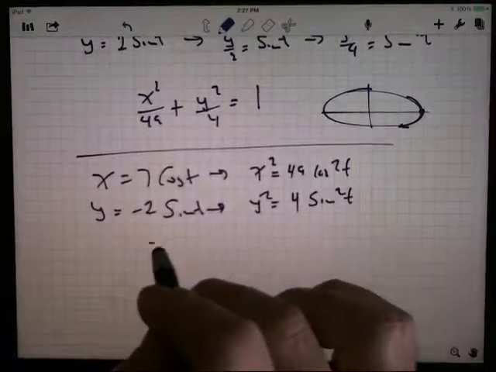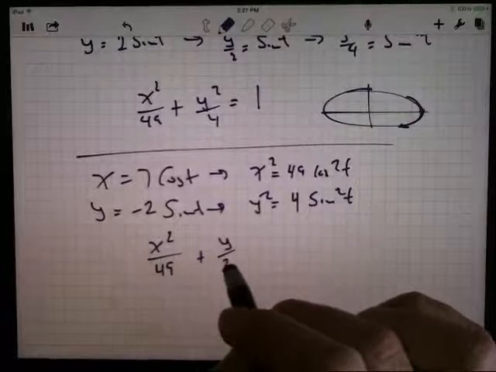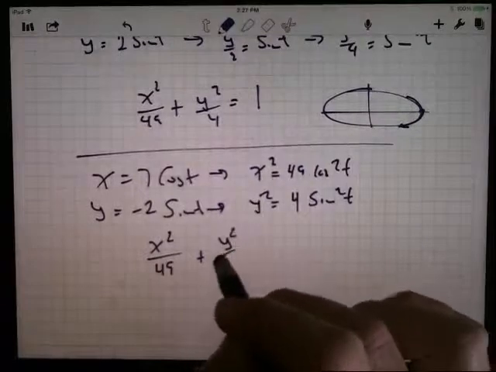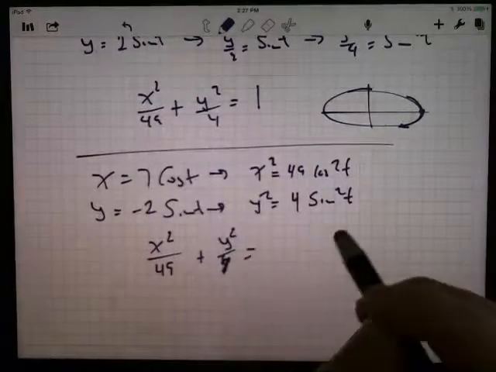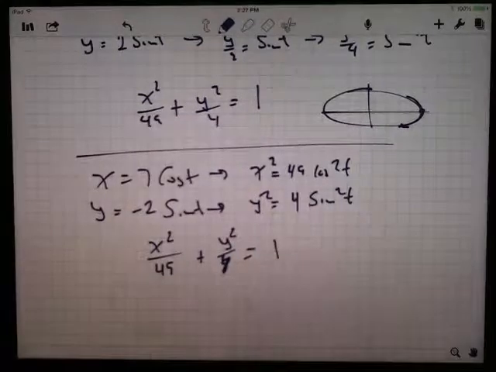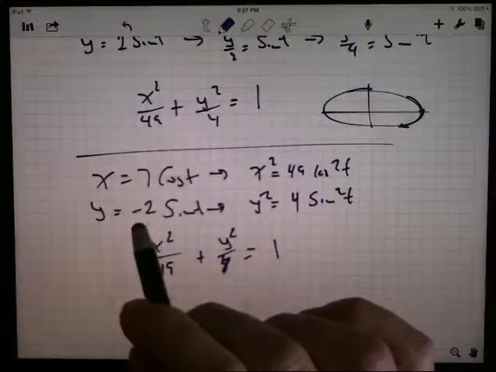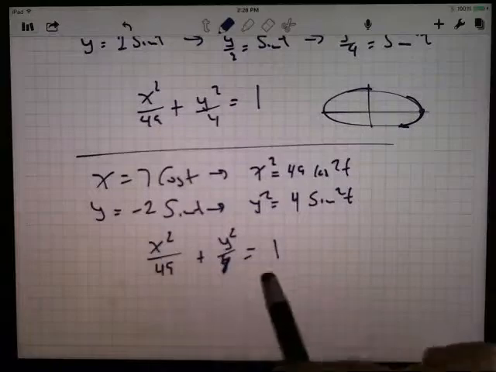Then x squared divided by 49 plus y squared divided by 4 equals cosine squared plus sine squared, which is 1. So the minus sign didn't make any difference once you square it; you're still describing the same ellipse.